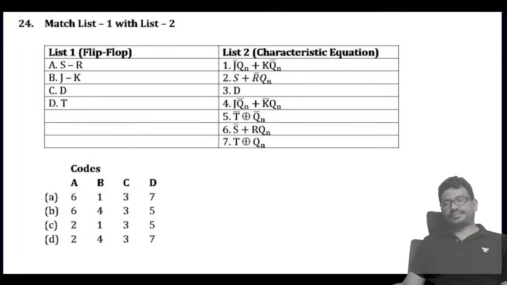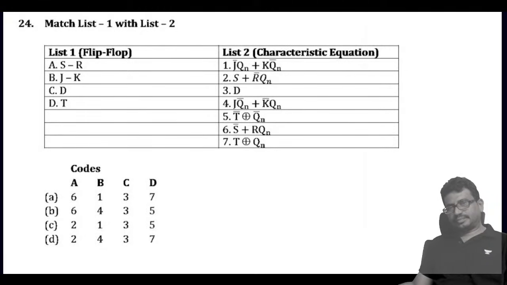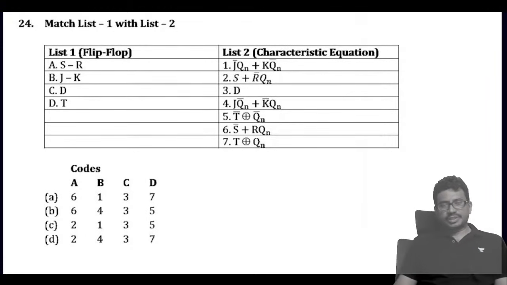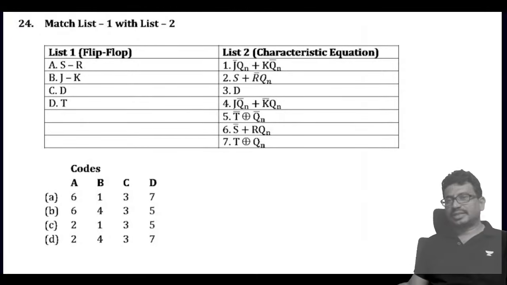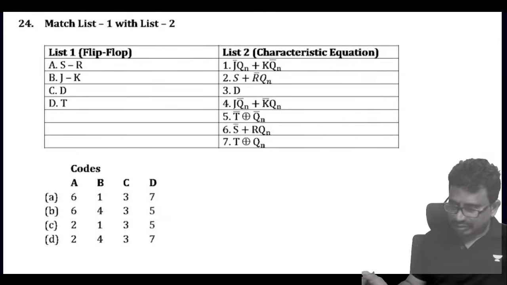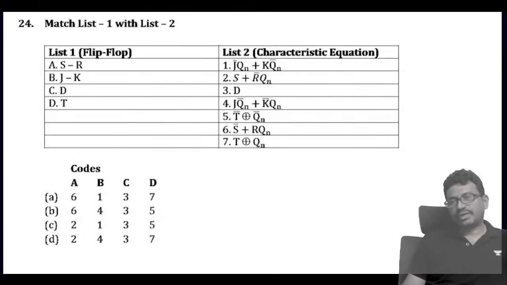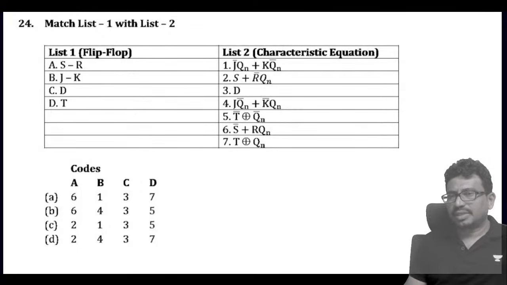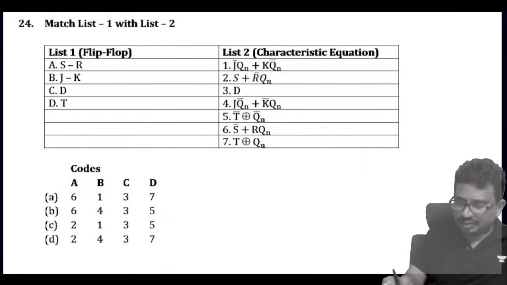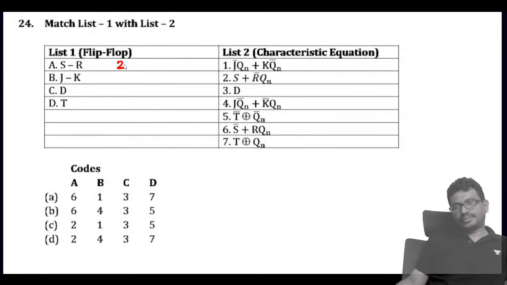Next, now match these with respect to the characteristic equations. SR flip-flop characteristic equation is S plus R bar into Q, so this is 2.